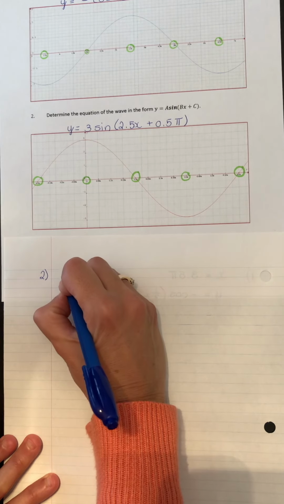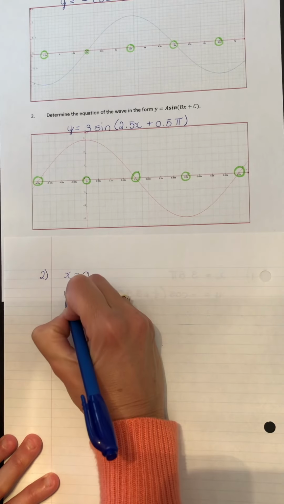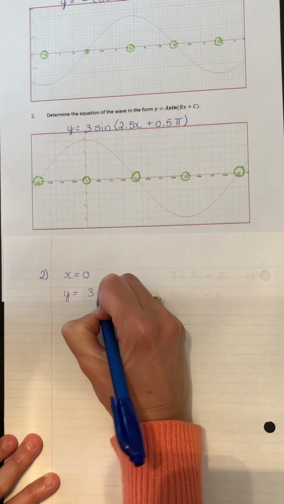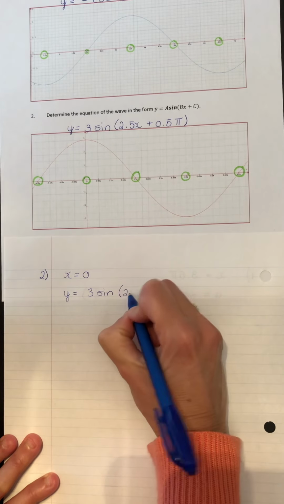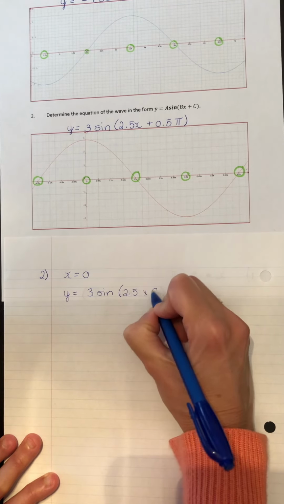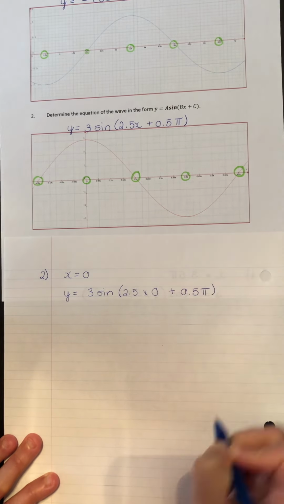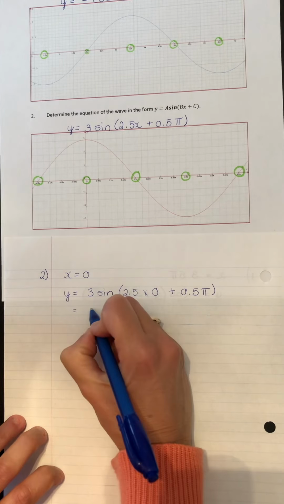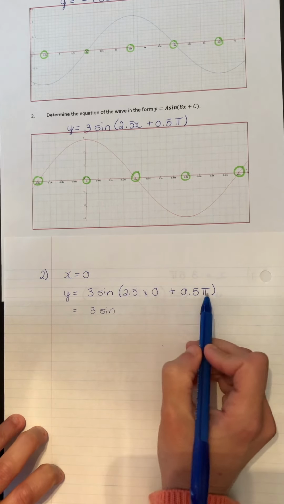So in example 2, let's try that. If x is 0, then what happens? Y is 3 times the sine of 2.5 times 0 plus 0.5 pi, like that. So that's 3 times the sine of 0 plus half a pi.